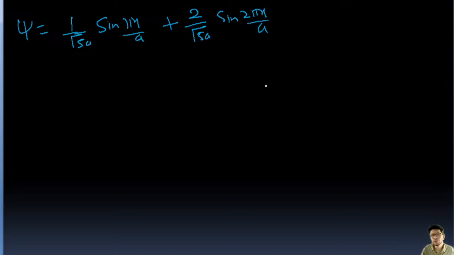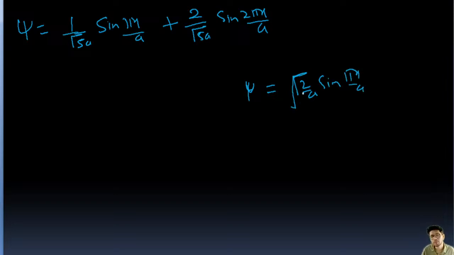So we know if the particle is in an infinite potential box of width a, the wave function is simply root 2 upon a sine(pi x upon a).